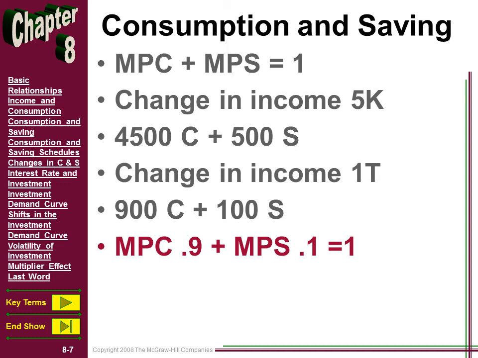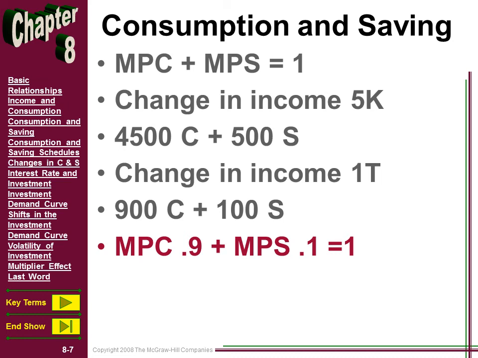Suppose you had a change in income of $5,000. So in the previous example, when we introduced average propensity to consume and save, we talked about a person who was making $50,000 in disposable income after taxes. Let's assume that this same person now has an additional $5,000 in income after taxes.